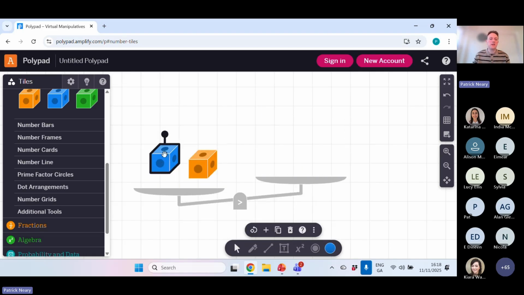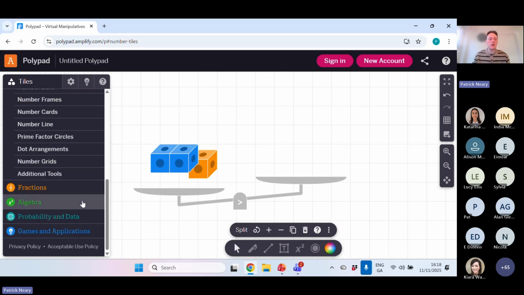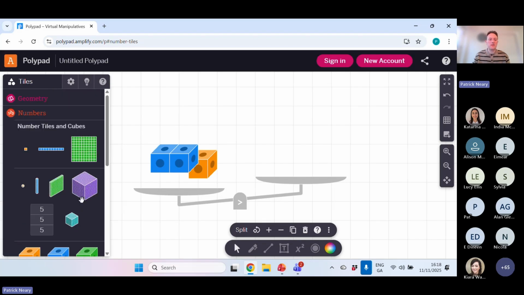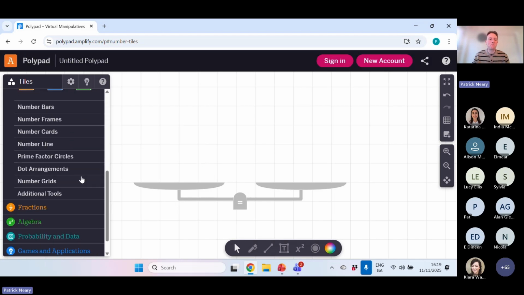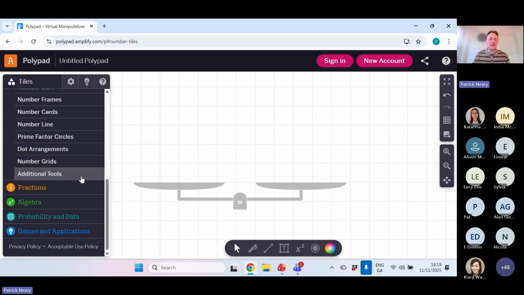What do I need to put on the other side to balance this? All of the different things that they have here work with it. So it's a great tool for looking at equations and that early addition part whole models, looking at how to balance an equation.